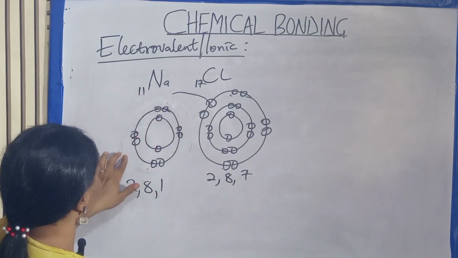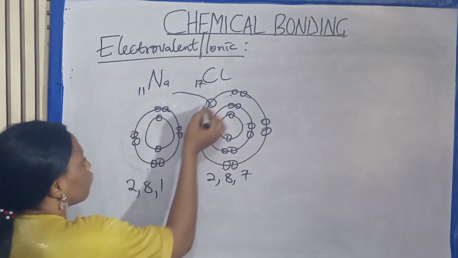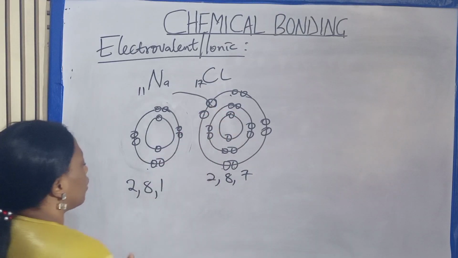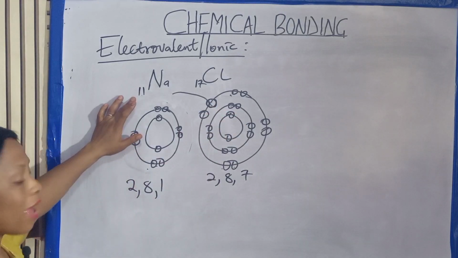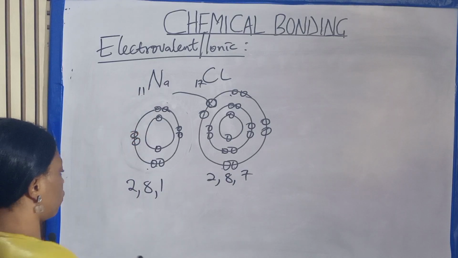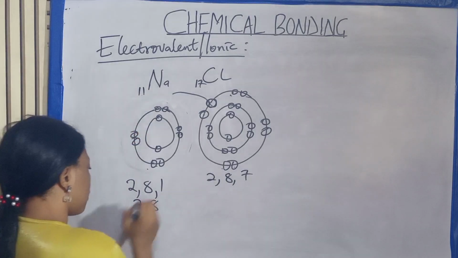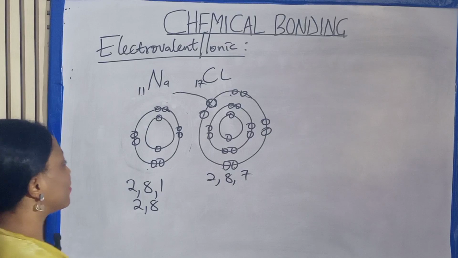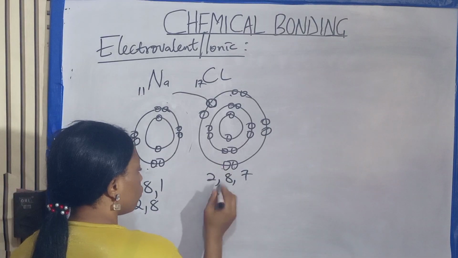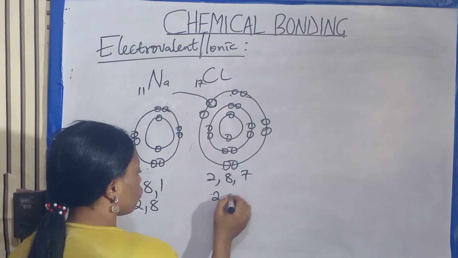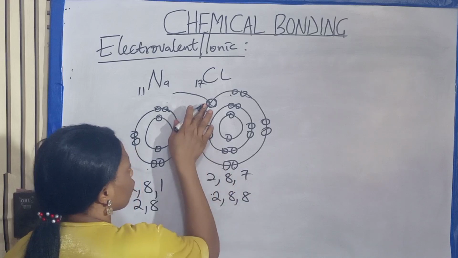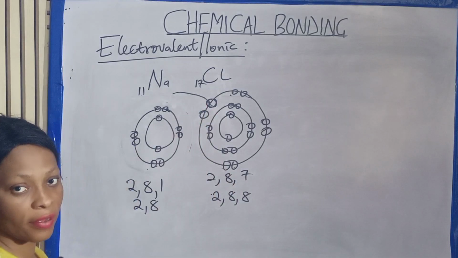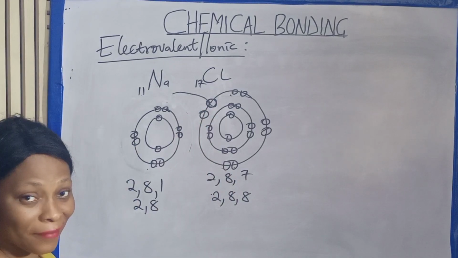The electron has gone to chlorine. Now, sodium has moved from 2, 8, 1 to 2, 8. And chlorine has moved from 2, 8, 7 to 2, 8, 8 because of the additional electron. Are we together?